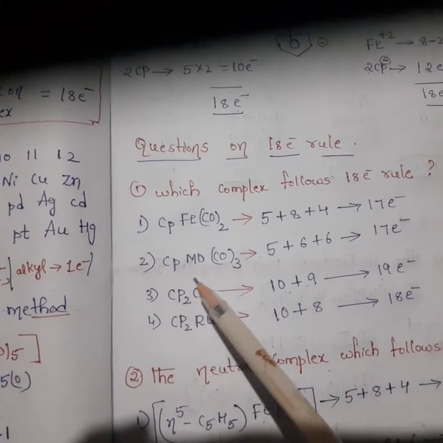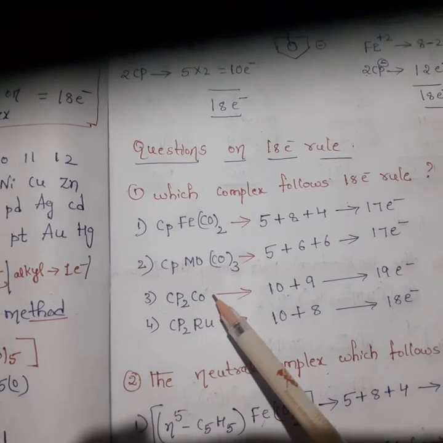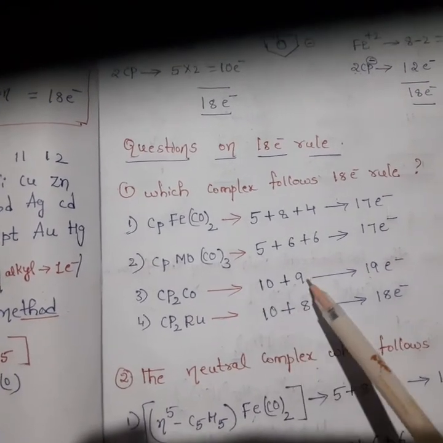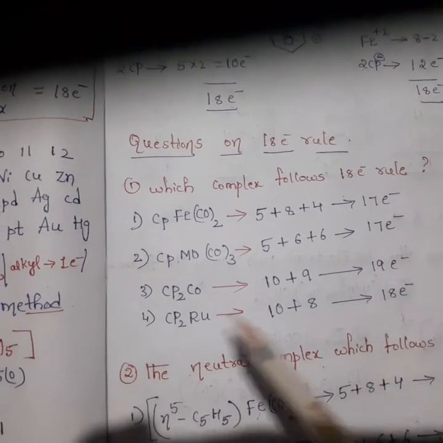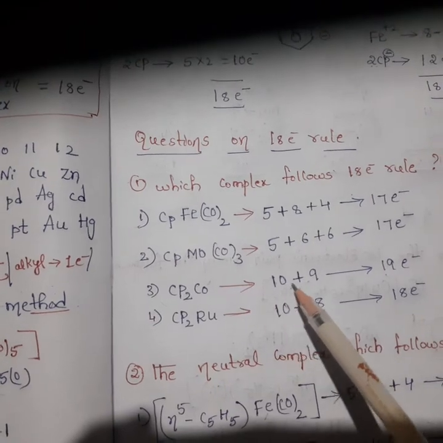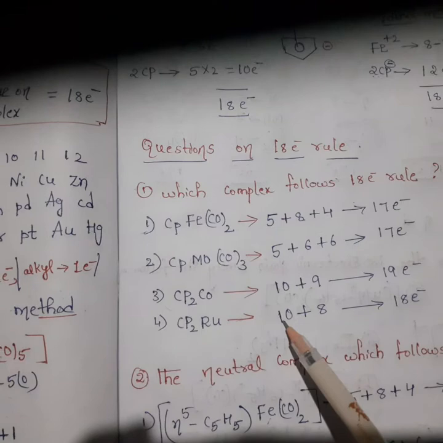Here they have mentioned 2 Cp, so 5 twos are 10. Next this is cobalt. The valence electrons present in the cobalt is 9. So 10 plus 9, 19 electrons. Next, already I said for Cp2 we will take 10 electrons. Here also Cp2 is there, so here also we have to take 10 electrons.